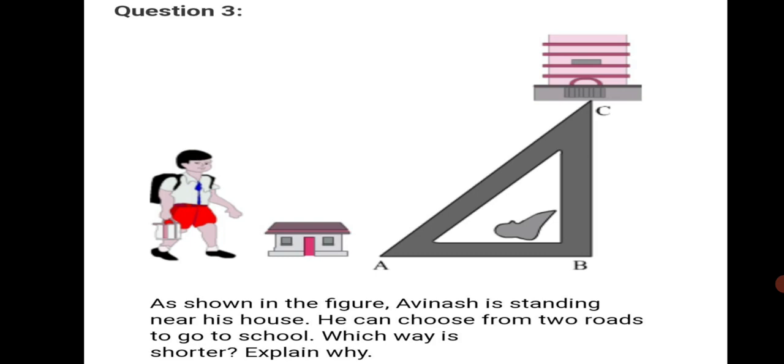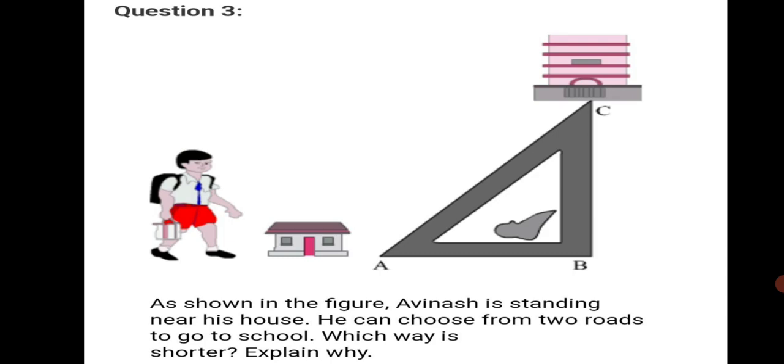So AB plus BC, which is the one route, is greater than the third route, which is AC, according to the property of triangle. That means the route AC is the shorter route. So our answer is he can choose route AC because it is shorter.